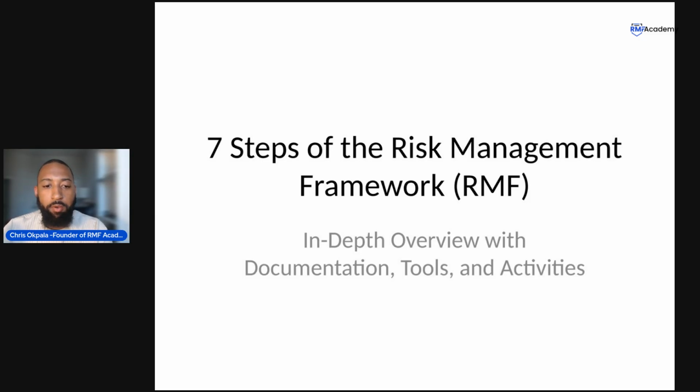So we're going to break down what that process is so people can understand what the ATO process is, and why information system security officers are needed. It's a very in-depth type of job. If anybody has questions, let me know so I can see what's going on. We're going to go over the 7 steps of the risk management framework, an in-depth overview of the documentation, tools, and activities.